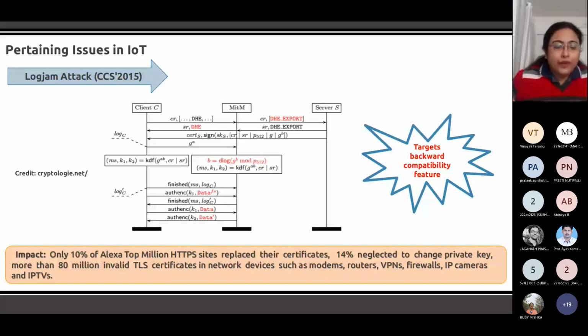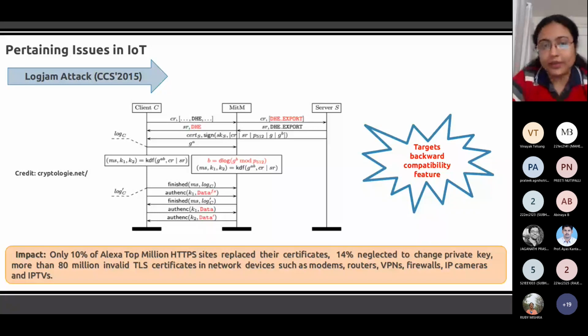When OpenSSL incorporated this, the messages that are used by the client and server to agree upon the key exchange were kept the same for RSA 512 and RSA 1024. That was targeted to keep the backward compatibility feature, right?